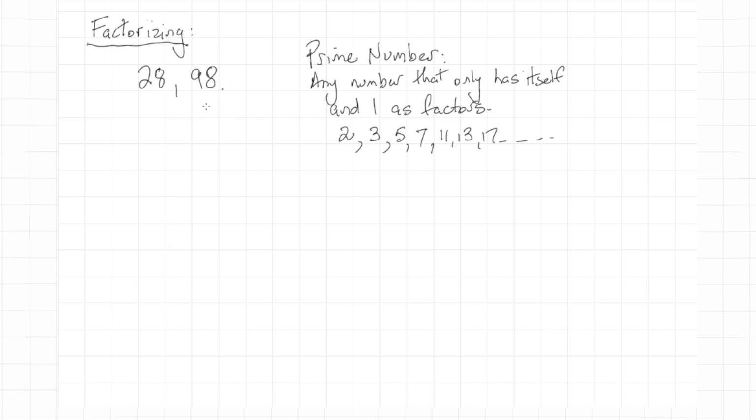So if we're going to reduce, say, 28, now I like to draw a vertical line, and we look for the smallest prime number that goes into 28 evenly with no remainder. So we scan through here and we say, okay, 2 will go into 28, and we divide: 2 into 2 goes once, 2 into 8 goes 4.